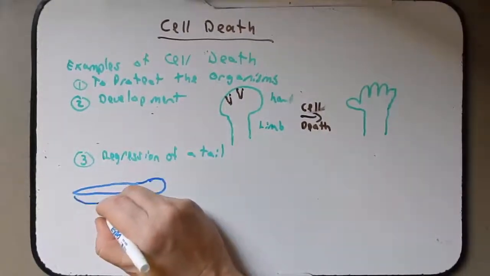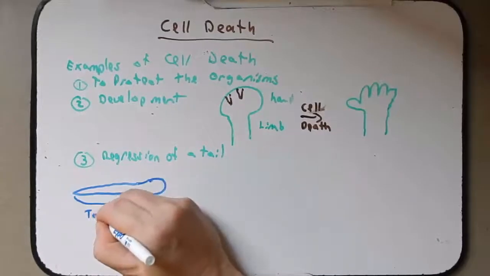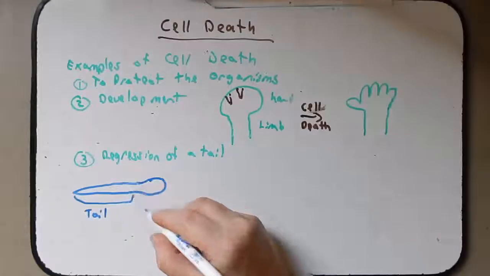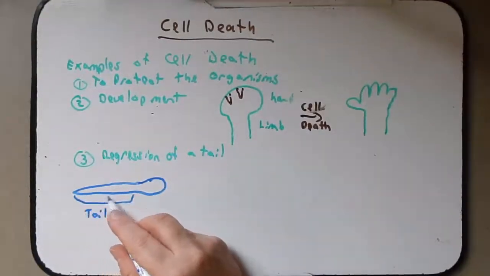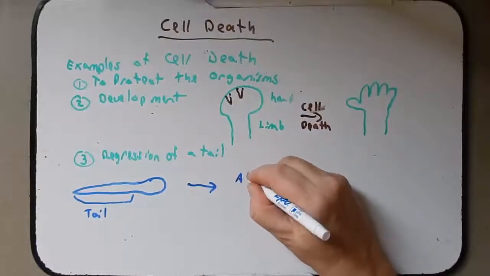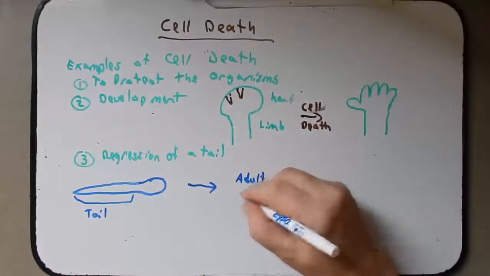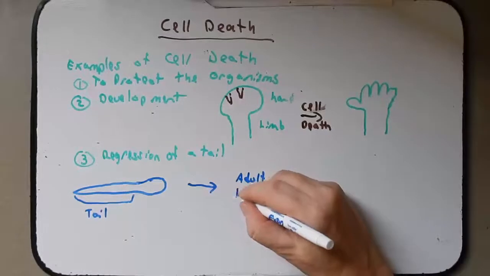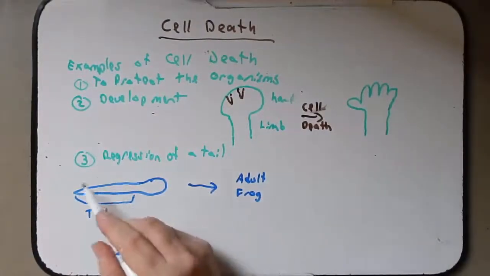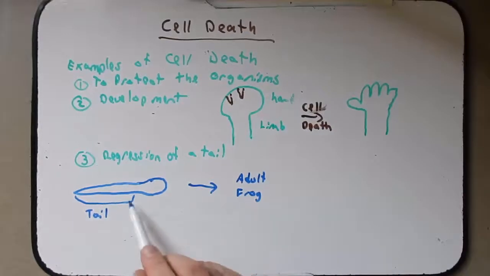But this tail of a tadpole that's needed for its aquatic life is eventually regressed, or the cells within it die, which will lead to the fully formed frog. So I'm going to put adult frog because for everybody's safety I am not going to attempt to draw an adult frog. You'll notice that an adult frog doesn't have a tail, and the reason it doesn't have a tail is because that tail has been lost because of cell death.